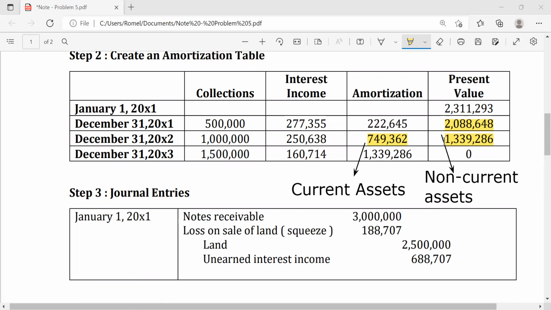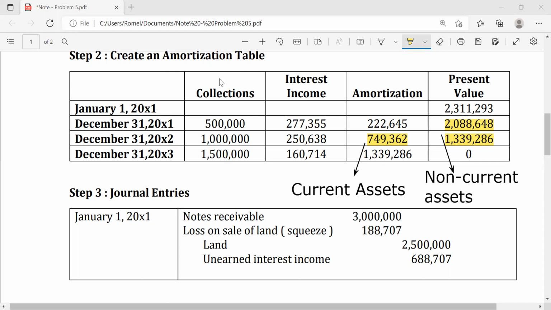Kasi etong 1,339,286, makokolekta mo pa to 20X3 pa. 2 years from now mo pa makokolekta to. Therefore, this will be presented in the non-current asset section.